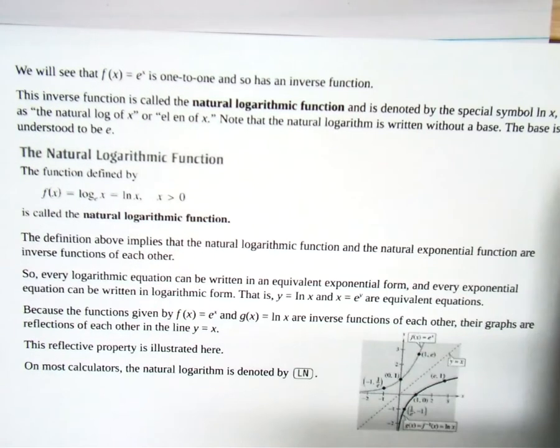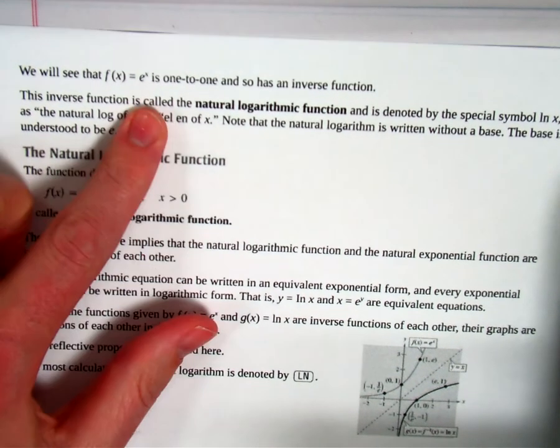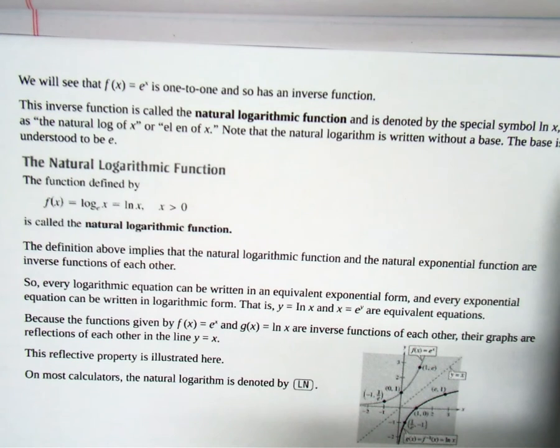Okay, we talked about e being a special exponential one. It's the same exponential rules. It's just that e is a special number. So it's going to have its own special natural log. The inverse function would be called the natural logarithm function and is denoted by the special symbol ln of x, where the natural log of x, or ln of x.